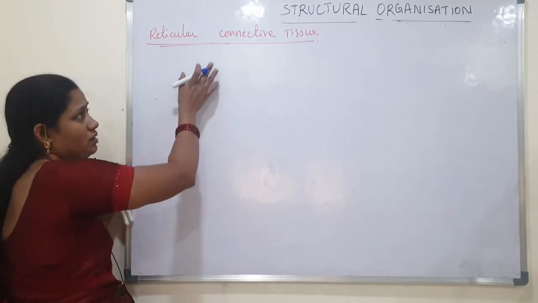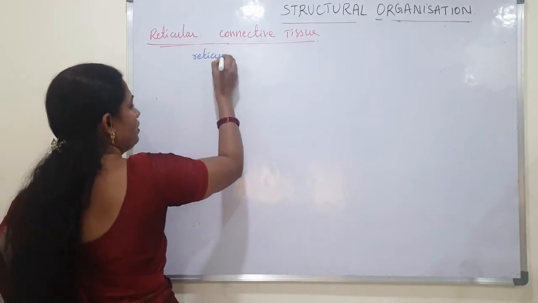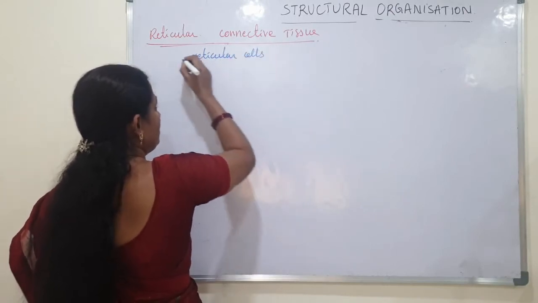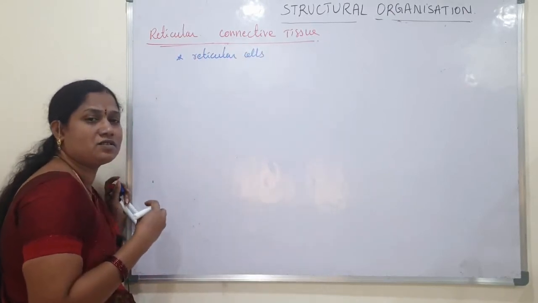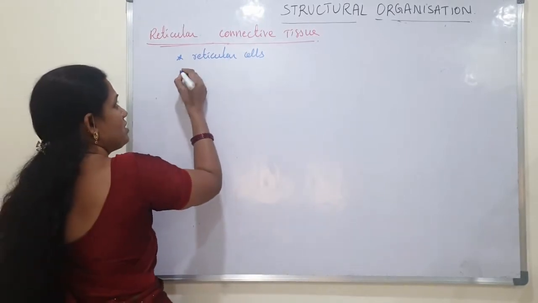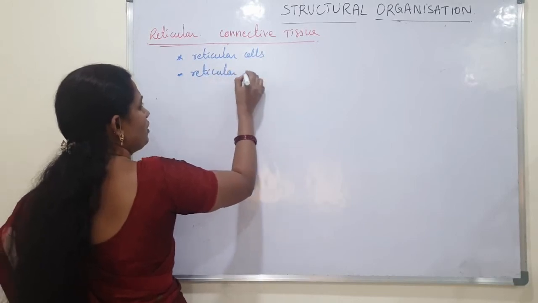In the reticular connective tissue, reticular cells are present. These are a special type of cells present in the reticular connective tissue. Reticular cells and reticular fibers are present.